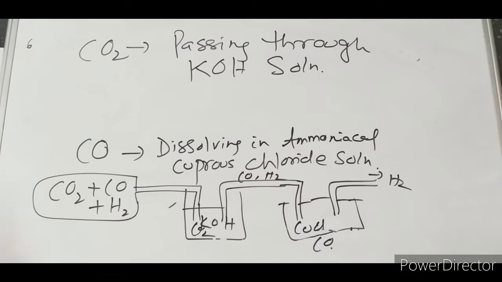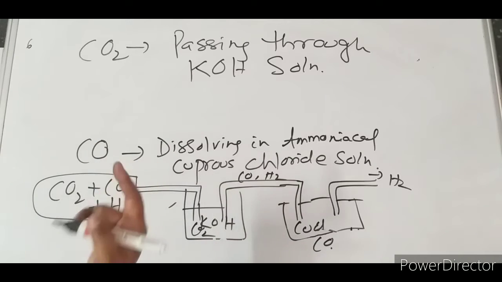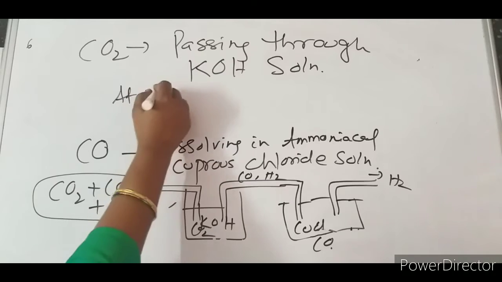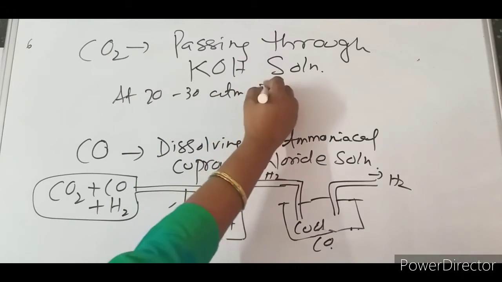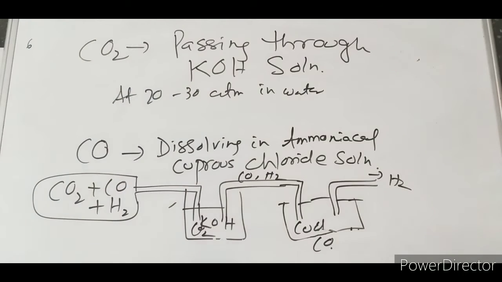There is also another process to remove carbon dioxide. If we pass the carbon dioxide through water at high pressure, because carbon dioxide does not dissolve in water at ordinary temperature, then at 20 to 30 atm the carbon dioxide can dissolve in water.